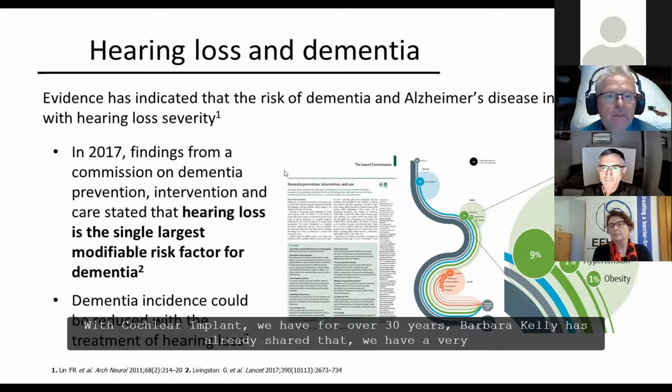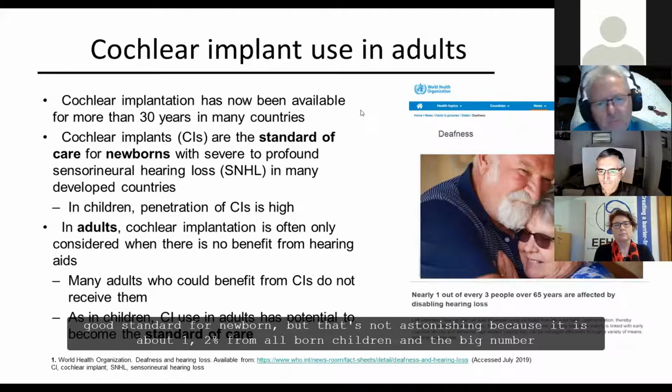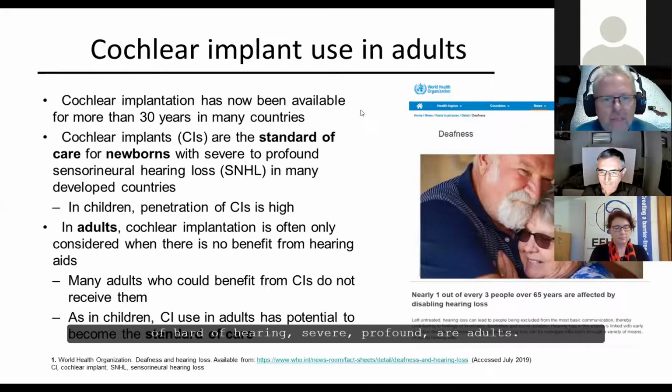And with the cochlear implant, we have over 30 years of experience, Barbara Kelly had already shown it, but we have a very good standard for newborns. But that's not astonishing, because newborns are about 1 or 2% of all born children, but the big number of severe and profound hard of hearing are adults.